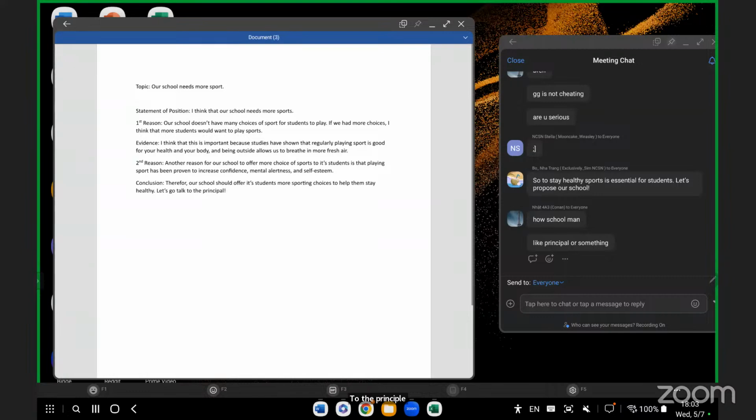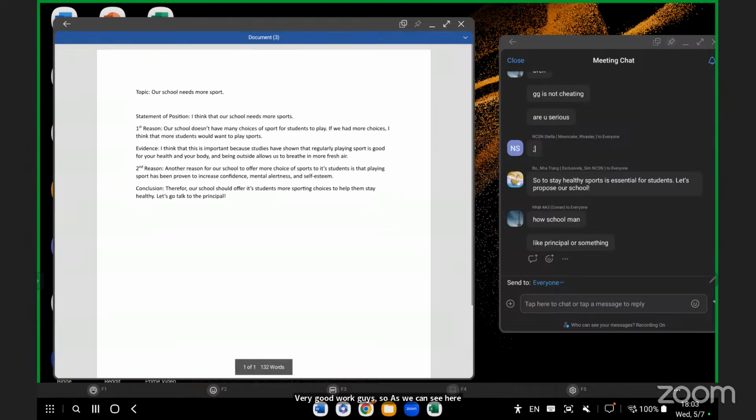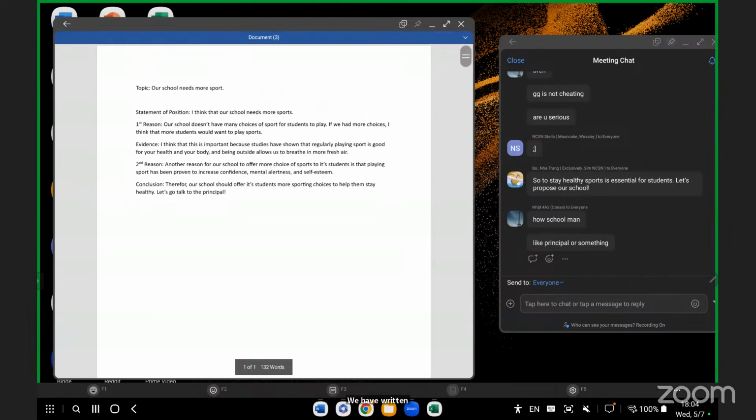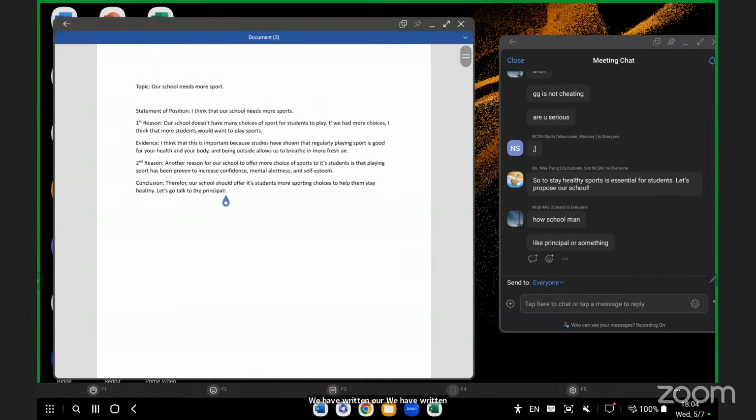Very good work, guys. So as we can see here, we've written a good little piece of persuasive writing, and we've included all of the key elements. Our statement of position, our first reason, the evidence, our second reason, and our conclusion.